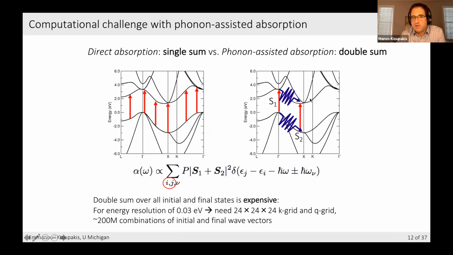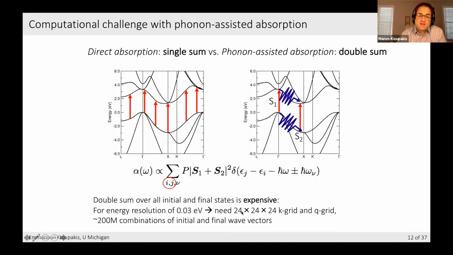However, for phonon-assisted absorption, you have to do this double sum. You need to take the initial state to be anywhere in the Brillouin zone, and the same for the final state. And that double sum is expensive. Not only because you have to do a phonon calculation; the phonon calculation itself is not very expensive. Doing one of the calculations is the time it takes to do, say, an SCF calculation. It's not too expensive.